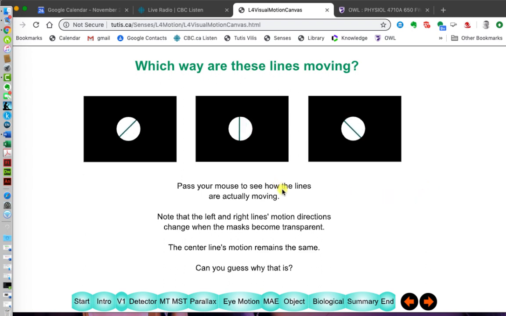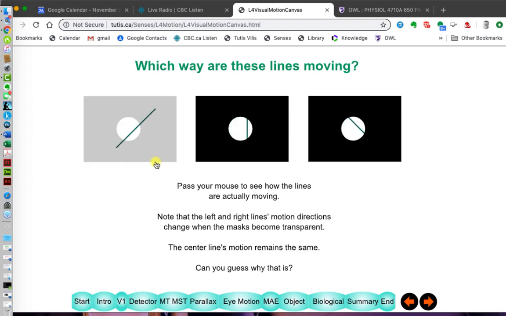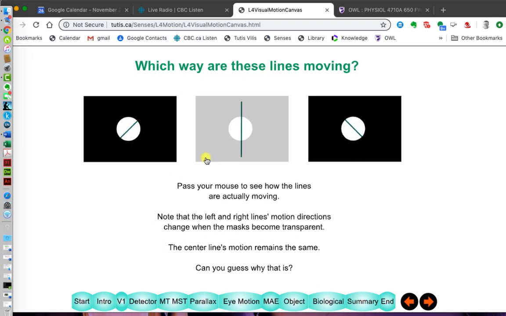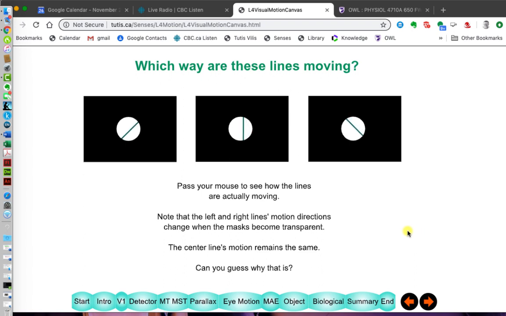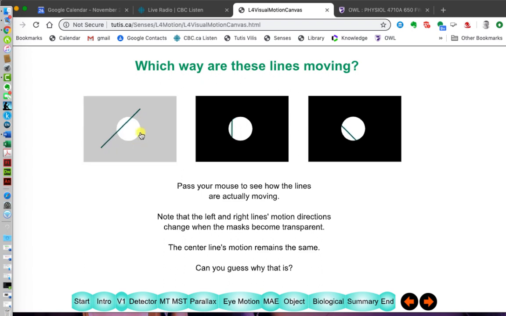And here, it would seem it's moving back and forth horizontally. But if we just saw the lines themselves, we'd see that this one is moving horizontally, this one's moving horizontally, and this one's moving horizontally. So the motion of a line that's moving horizontally can appear different when all you see is what's inside the circle.